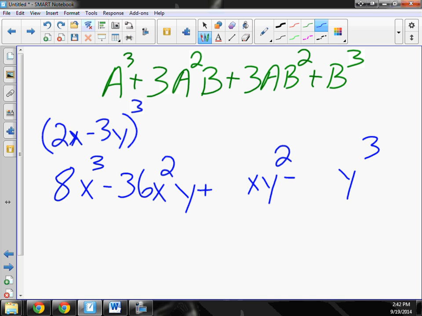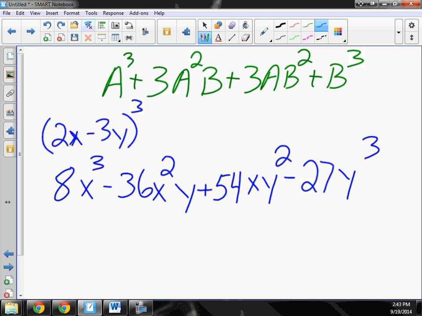So 3 times a would be 6, and b squared is 9. 6 times 9, 54, and the last one is b cubed, 27. Okay? That will help you immensely when you're working on this because you're going to have cubes and squares. So don't multiply those out the long way.